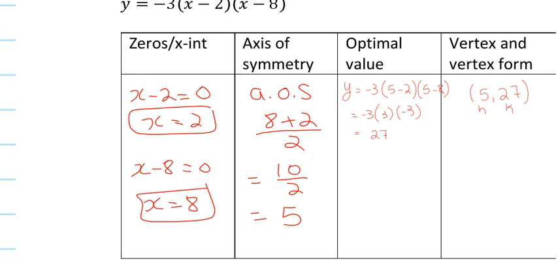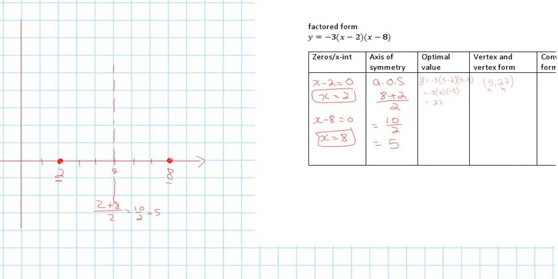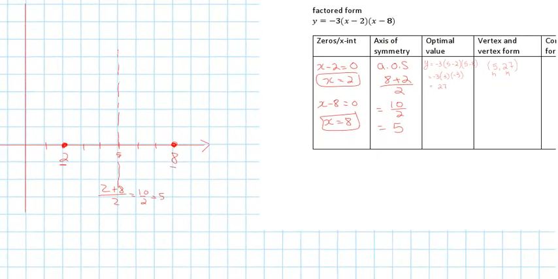So I'm going to go back here. We said my axis of symmetry is at 5, and I'm just going to go up by 27. So my 27 is about here, and this is where my vertex is.